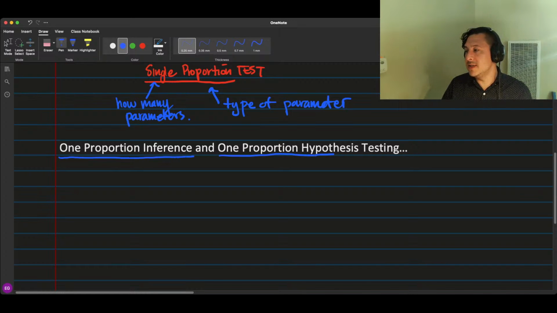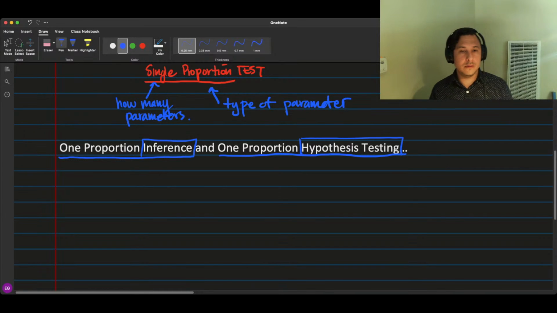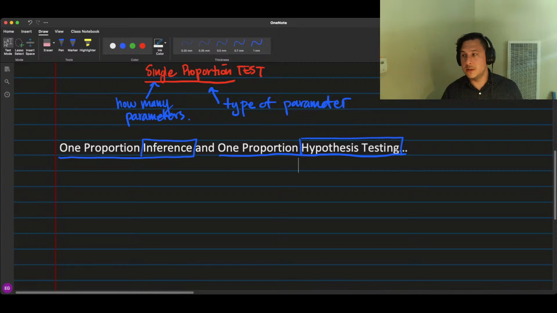It's always going to come in pairs. We're going to talk about something, and we're going to talk about how to do the inference for it, and we're also always going to talk about how to do the hypothesis testing for it. So eventually we'll learn how to do two proportion inference and two proportion hypothesis testing. So just know that they always come together.